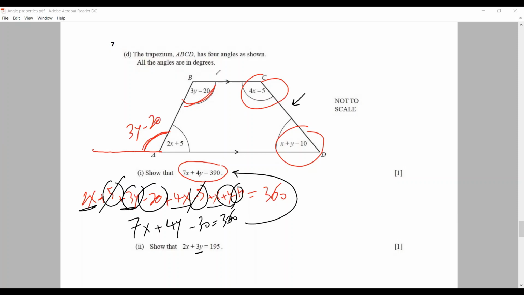And then these two together should be equal to 180. So 3y minus 20 plus 2x plus 5 should be 180. Therefore 2x plus 3y should be equal to, this is negative 15, goes to the other side, becomes positive 15 with 180, 195. So that's the second part.